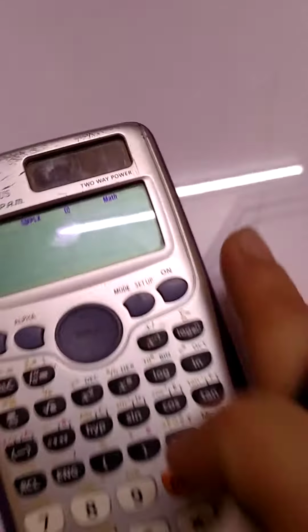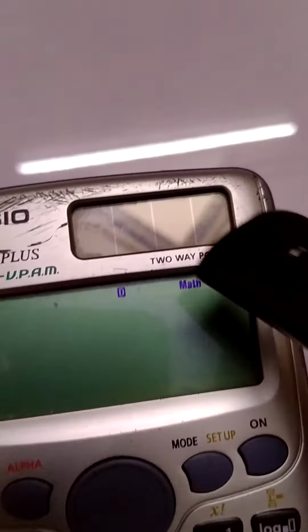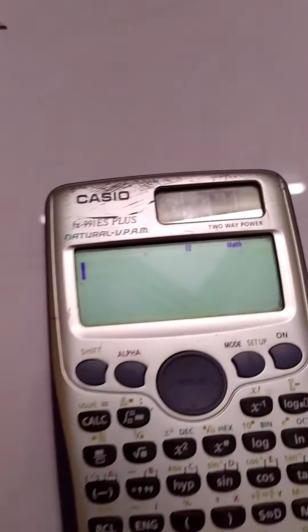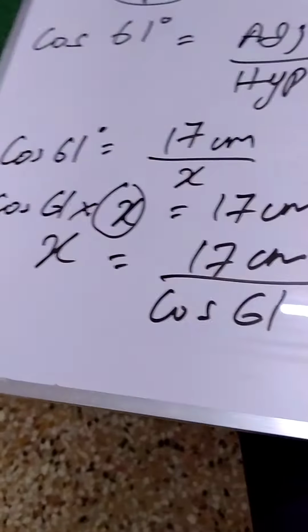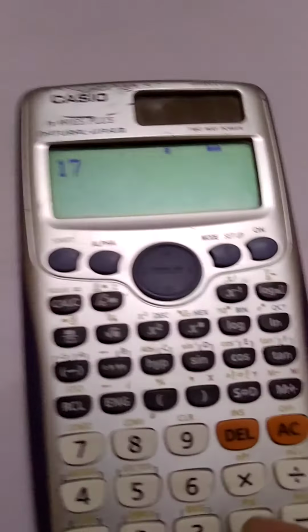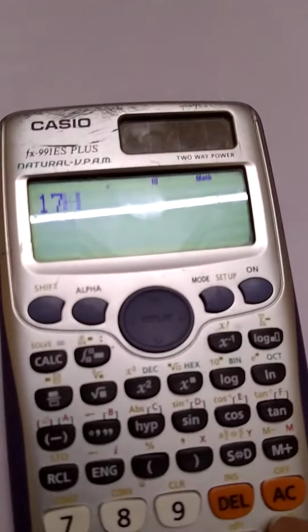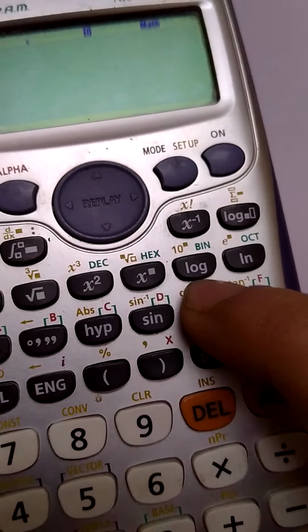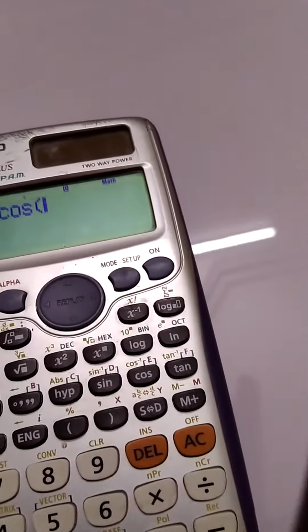Always remember, guys, we need degree mode. When you solve trigonometric ratios, you set your calculator on degree mode. First of all, how can we enter this in a calculator? 17 upon, meaning divide, so you can write upon or divided by, then cos 61 degree.